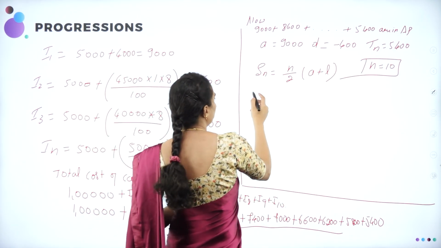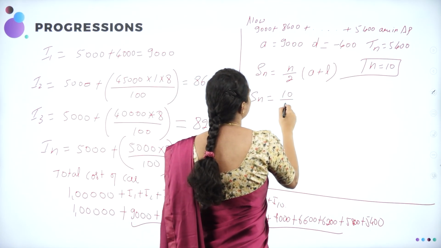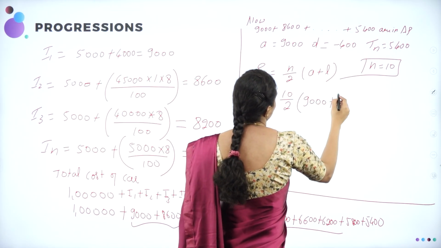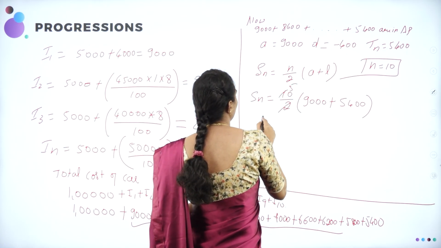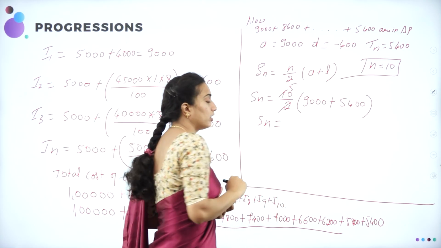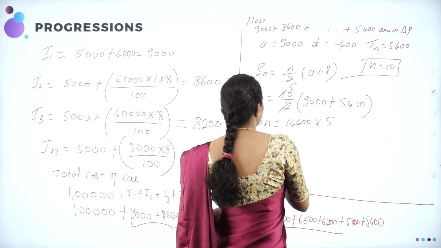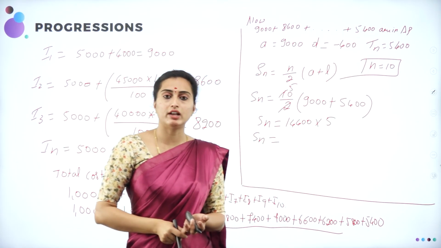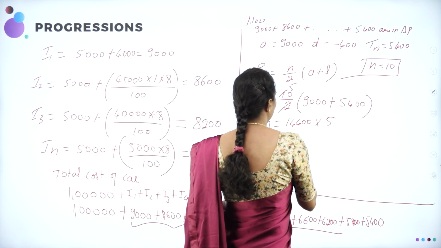So Sn is equal to 10 by 2 into A, which is 9,000, plus L, which is 5,400. So it is 14,400 into 5, which gives you the value 72,000.